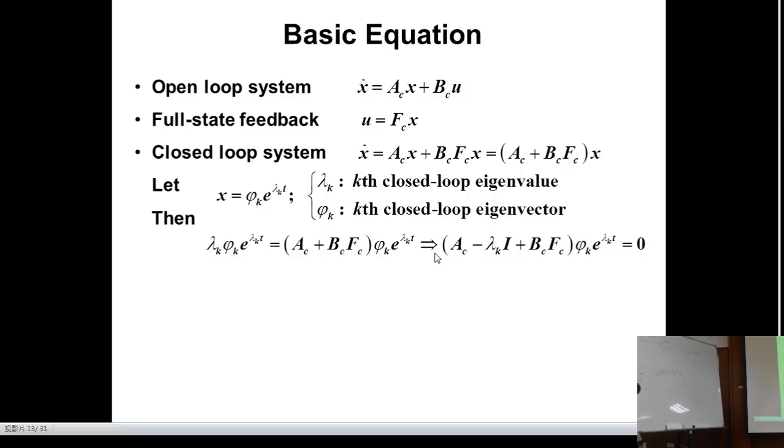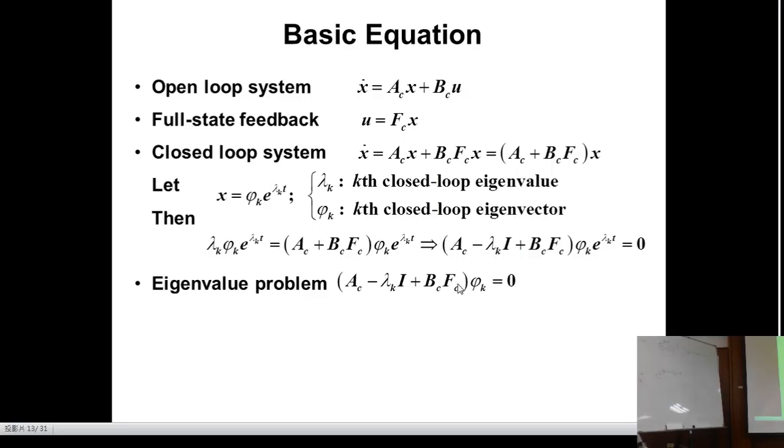All right? Now look at this eigenvalue problem. Because e^(lambda k t) won't be equal to 0, take out this e^(lambda k t), then that's my eigenvalue problem. I have A_C, that's my open loop state matrix, and lambda k, that's my closed loop eigenvalue, and I have B_C and F_C. B_C is given, F_C is to be determined.